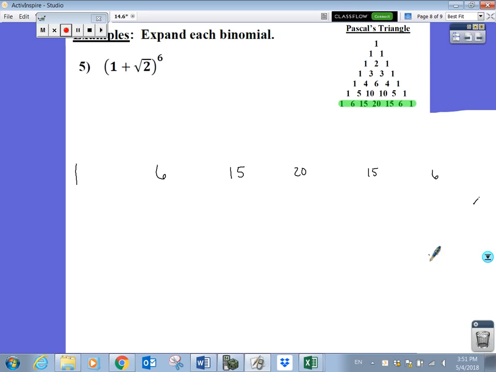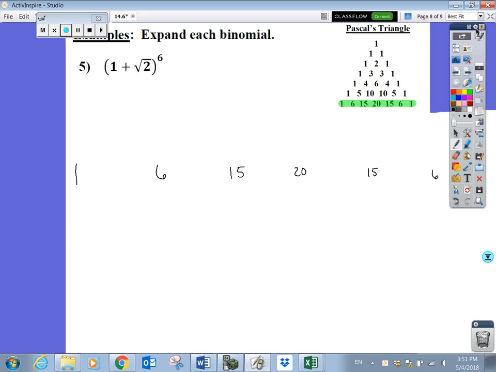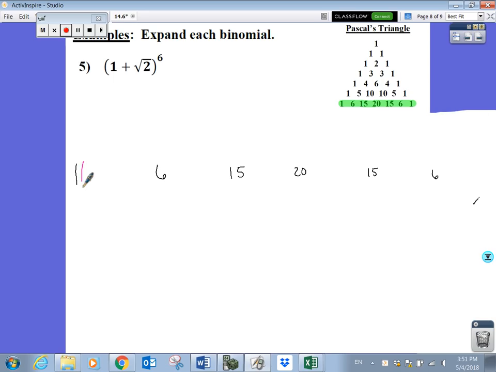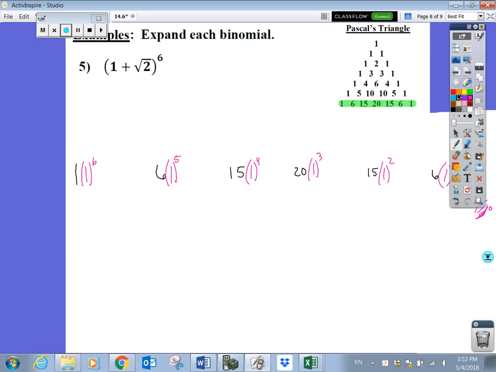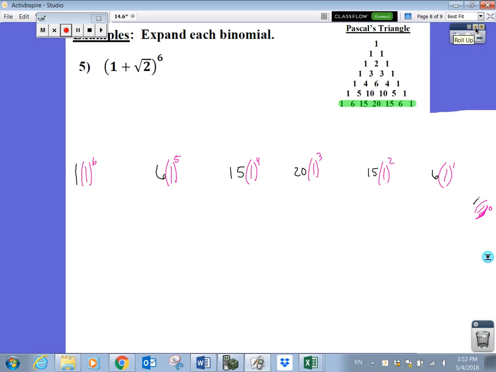All right, so that first term is going to be easy because it's 1. Doesn't change anything, but we're still going to write it. So 1 to the 6th, 1 to the 5th, 4, 3, 2, 1, and 0. Then we have our root 2.